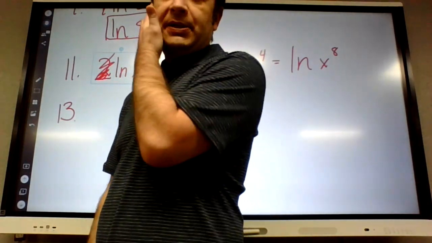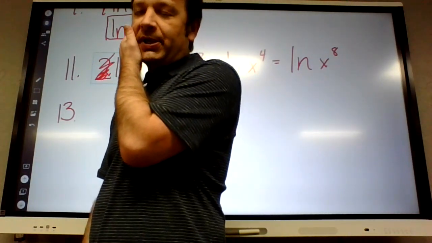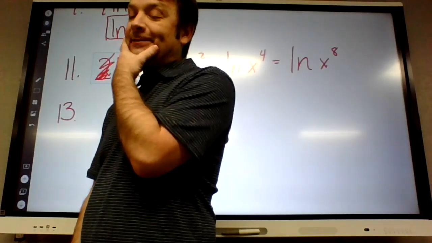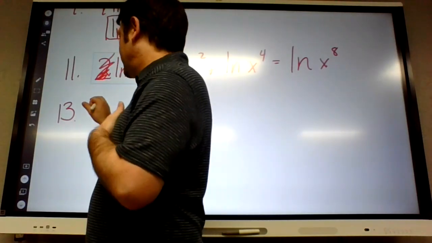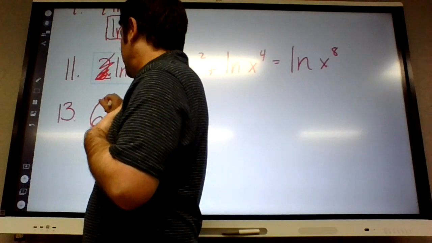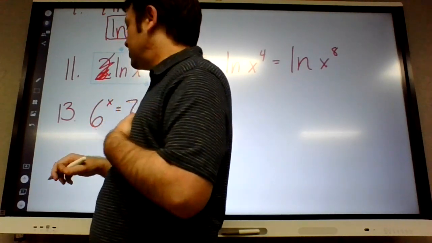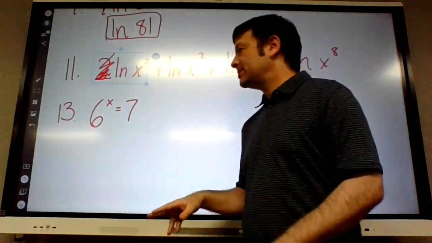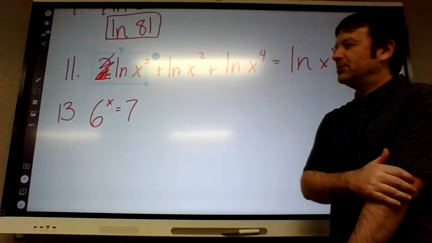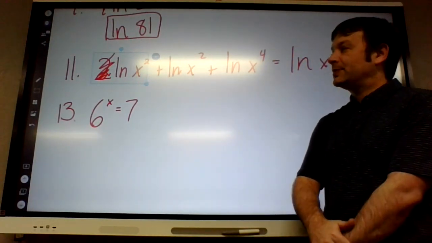All right, 13, they wanted us to solve these using natural logs, but it would just make the problem much harder. So we're just going to solve these normally like we did on the last assignment. How did we solve this on the last assignment?